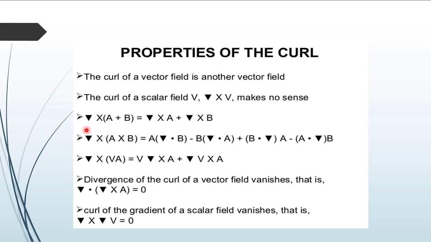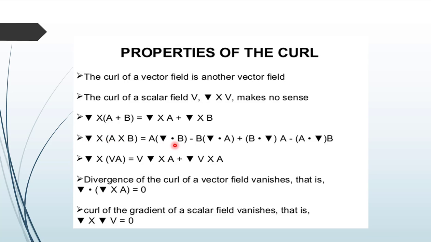The third property is del cross (A plus B). If I apply curl to this bracket A plus B, then it is the associative law. So that is del cross A we can separately apply, plus del cross B we can separately apply. Then the fourth one: if you apply del cross to A cross B, this means del cross (A cross B), then we can write this expression as A. So the first quantity you have to keep outside the bracket.